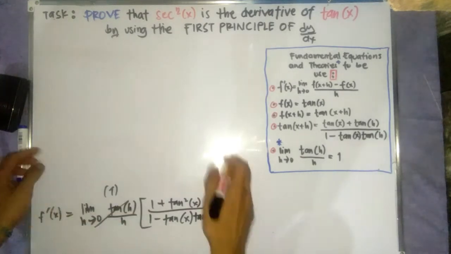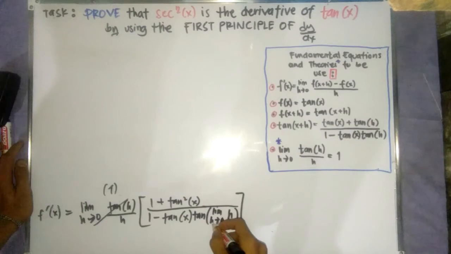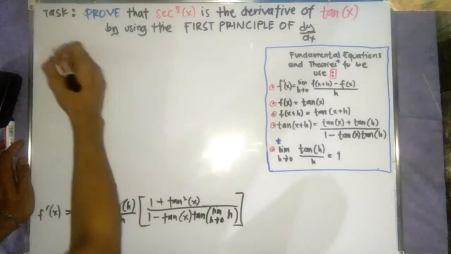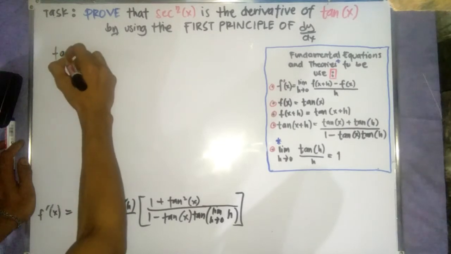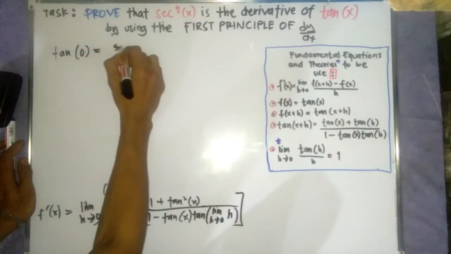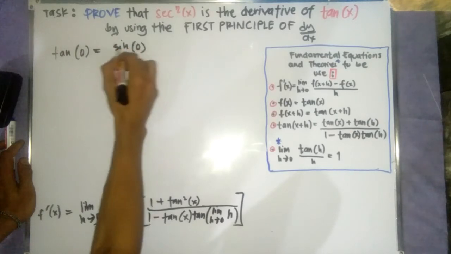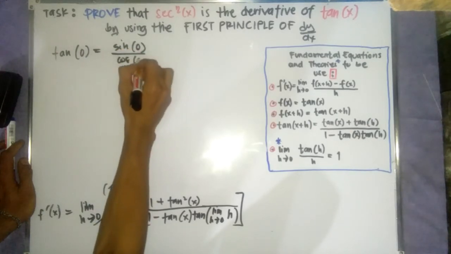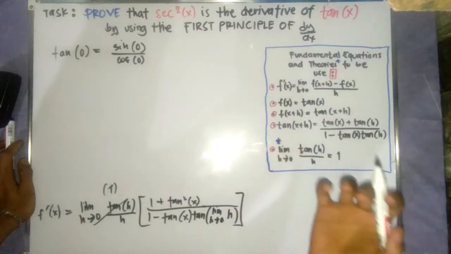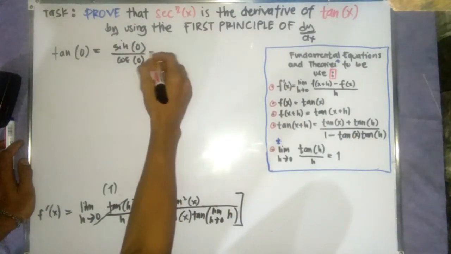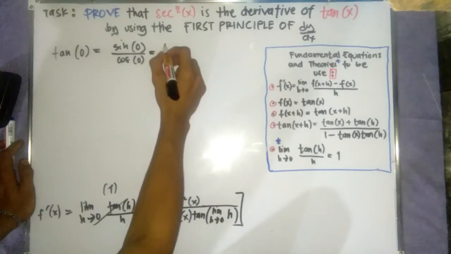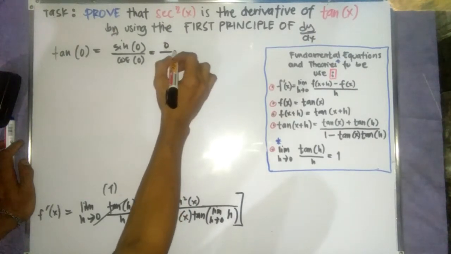Then, limit as h approaches 0 of h is 0. Then, tangent of 0 is equal to sine 0 over cosine 0. So, ano ba ang value ng sine 0? At ano ba yung value ng cosine 0? Ang sine 0 is 0. And the value of cosine 0 is 1.